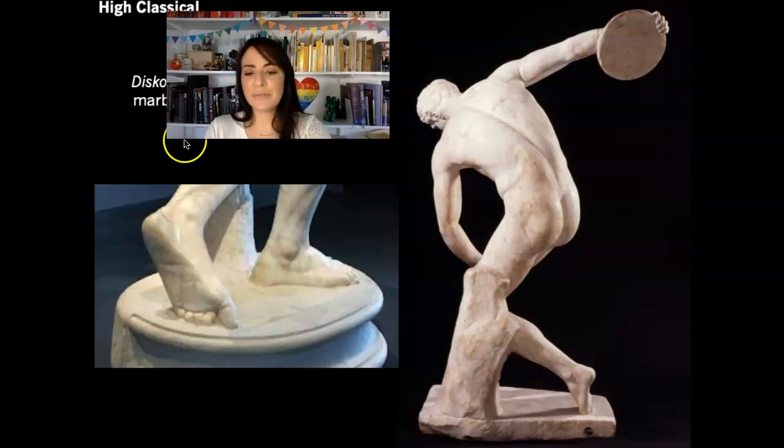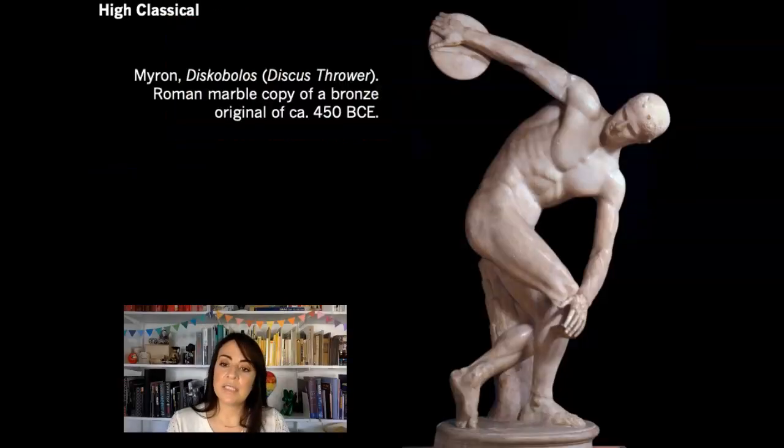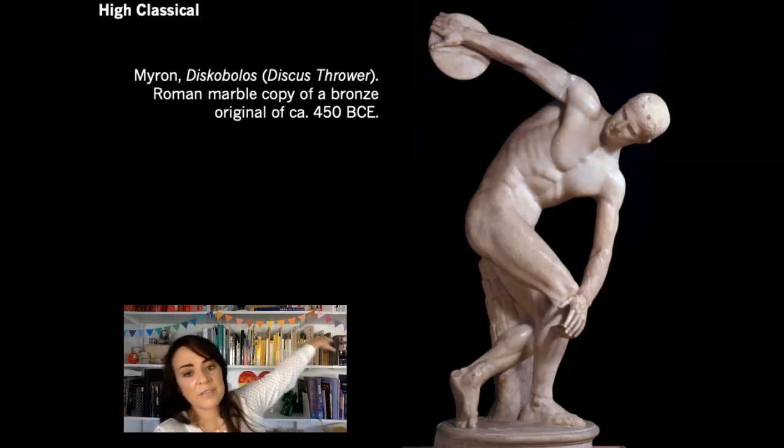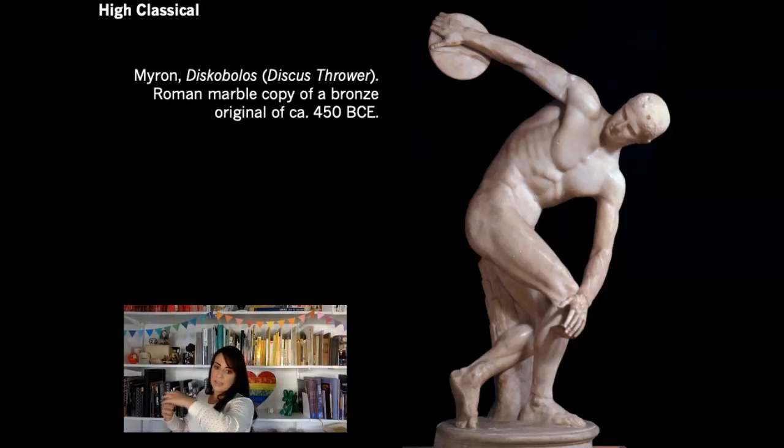Oh, beautiful. He's called the discus thrower because we see this young man caught or frozen in the act of throwing a discus. This is a performance, or an event that would often happen at various athletic competitions, one of them being the Olympics.